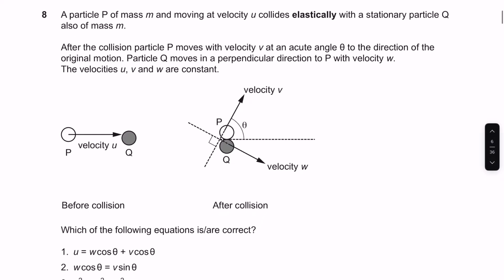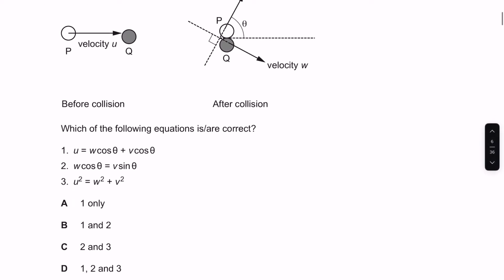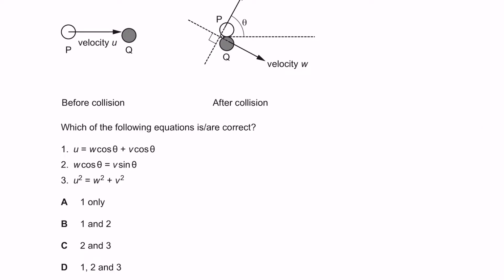Question number 8. It says a particle of mass m and moving at a velocity u collides elastically with the stationary particle Q, of also mass m, and then after the collision they both move in those particular directions. We need to figure out which of the following equations is or are correct.